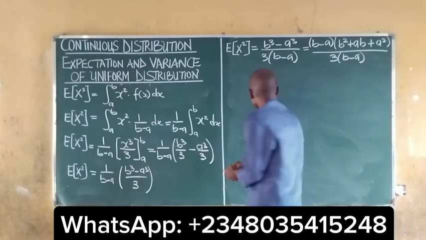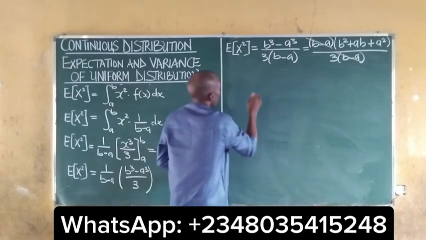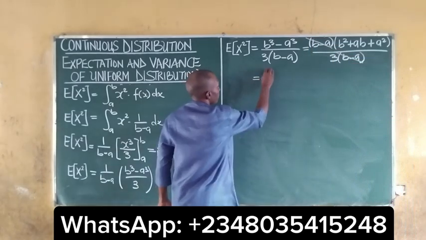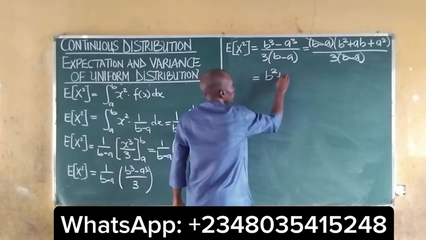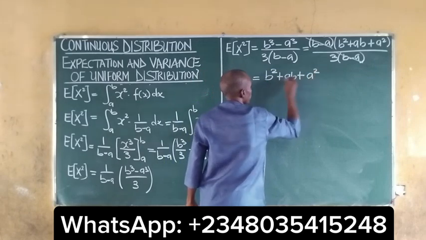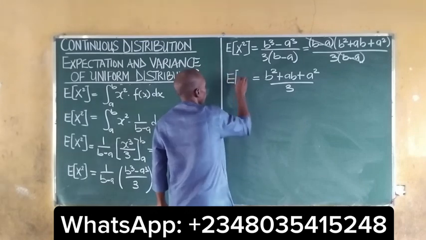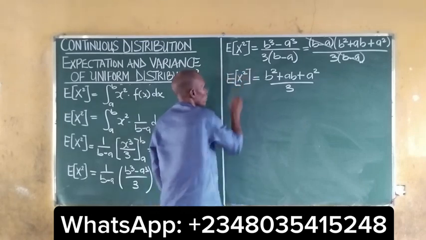Of course, this will cancel this. I will be left with b squared plus ab plus a squared all over 3. This is our expected value of x squared.